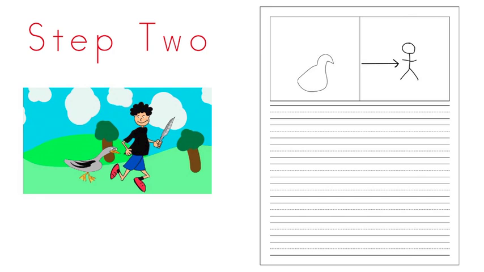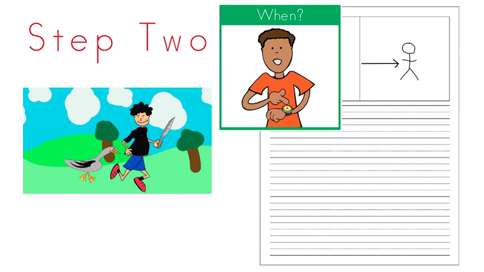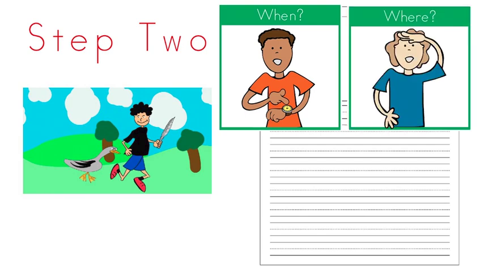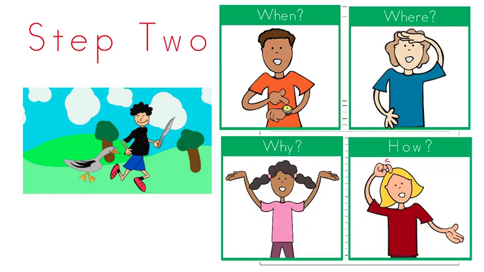Step 2. Add more information to the sentence. We have many questions to ask about the idea. When, where, why, and how. But first, we need to decide which questions are important.